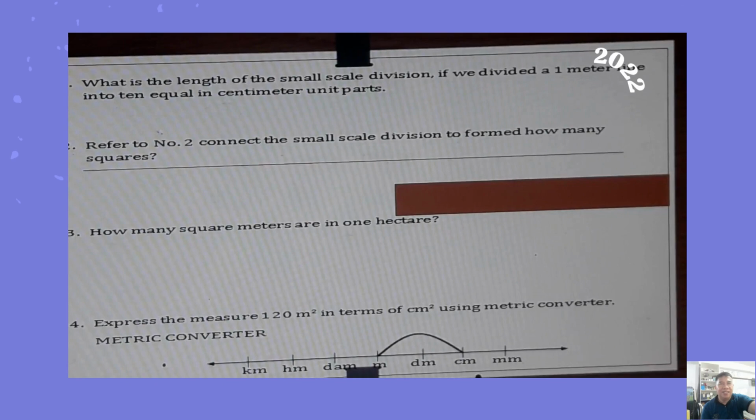Number 2, refer to the first question. Connect a small scale division to form how many squares?